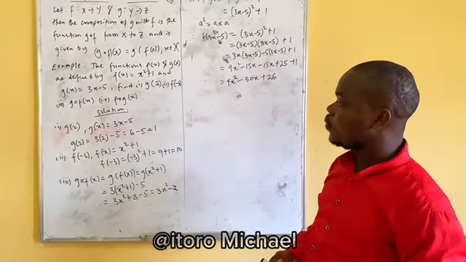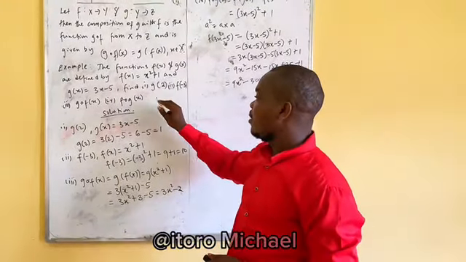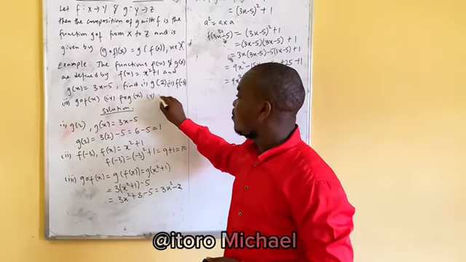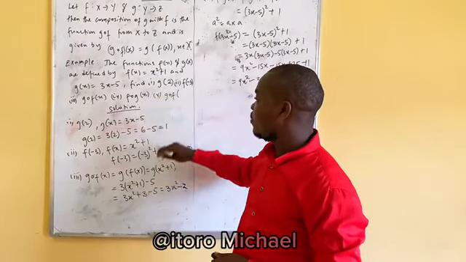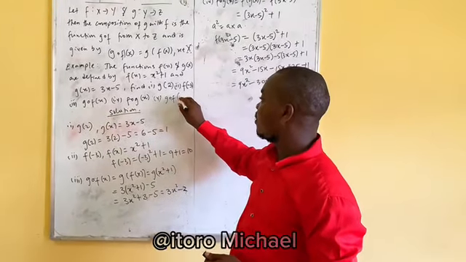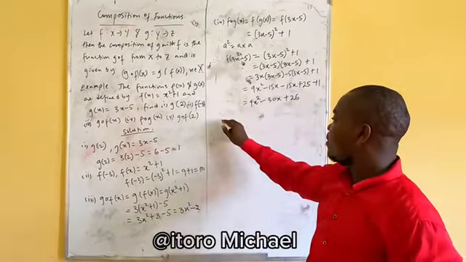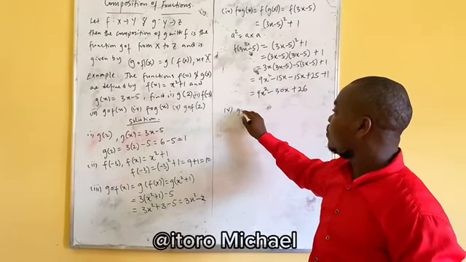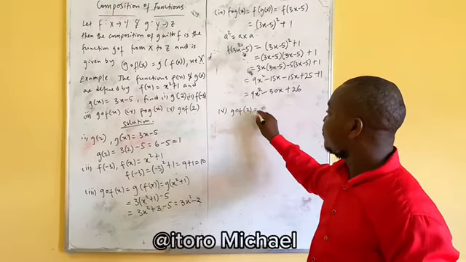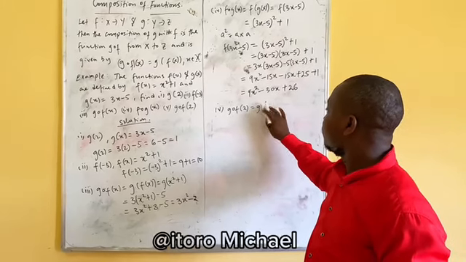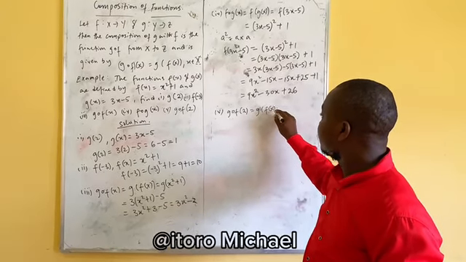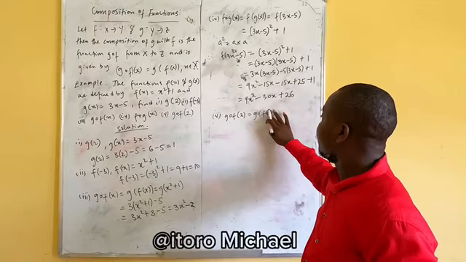Now if you want to look at g o f of a specified value of x, let's say for example 2. Our g o f of 2 is defined by g of f of 2.